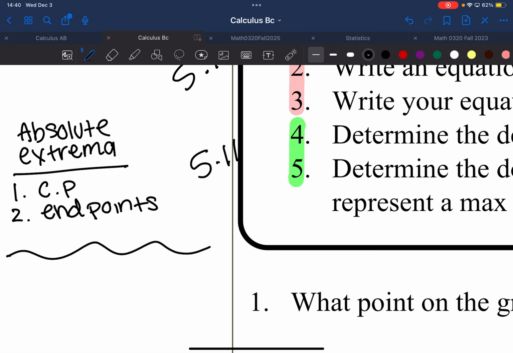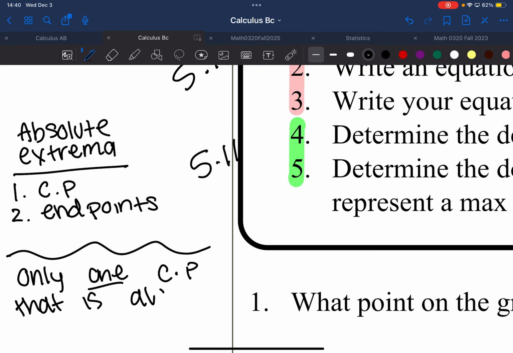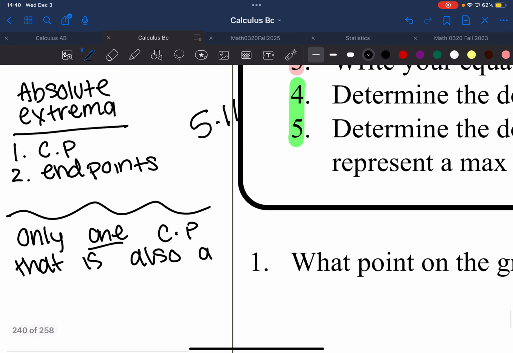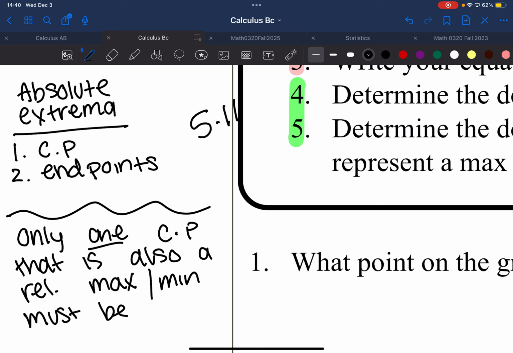Okay, recall that if we only have one critical point that is also a relative max or min value, then that critical point must be a what?